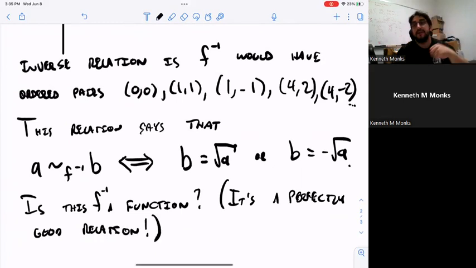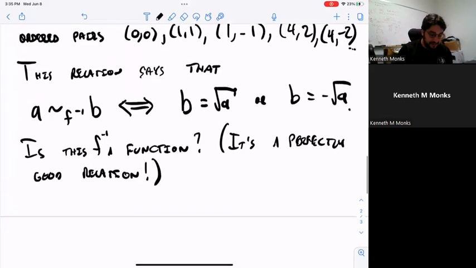Anytime you take the inverse of a relation, you get another relation. Similarly, a function is a special type of relation. So if you take the inverse relation of a function, you certainly get a valid relation. But is this new relation that we've created a function or not?